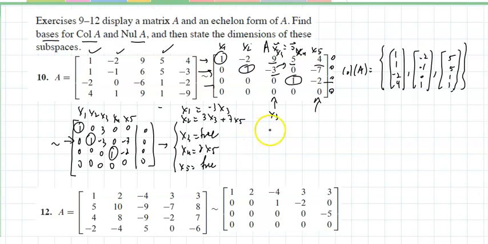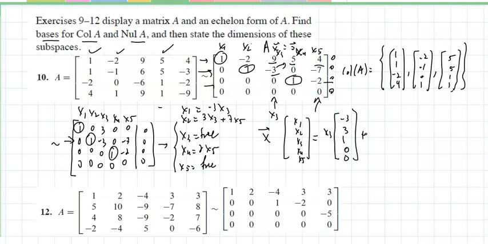So basically, if I wanted to write x, normally it is written as x1, x2, x3, x4, and x5. So you're going to write that as x3 times negative 3, 3, 1, 0, 0, plus x5 times 0, 7, 0, 2, and 1.